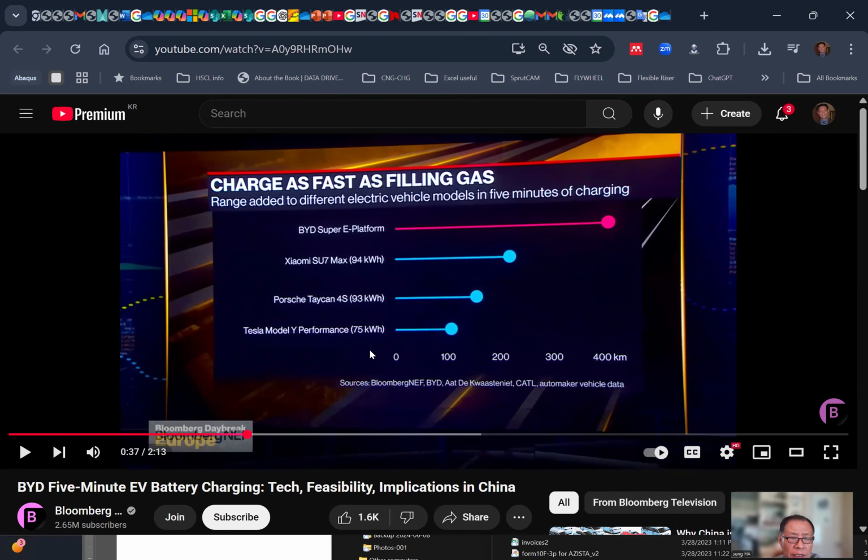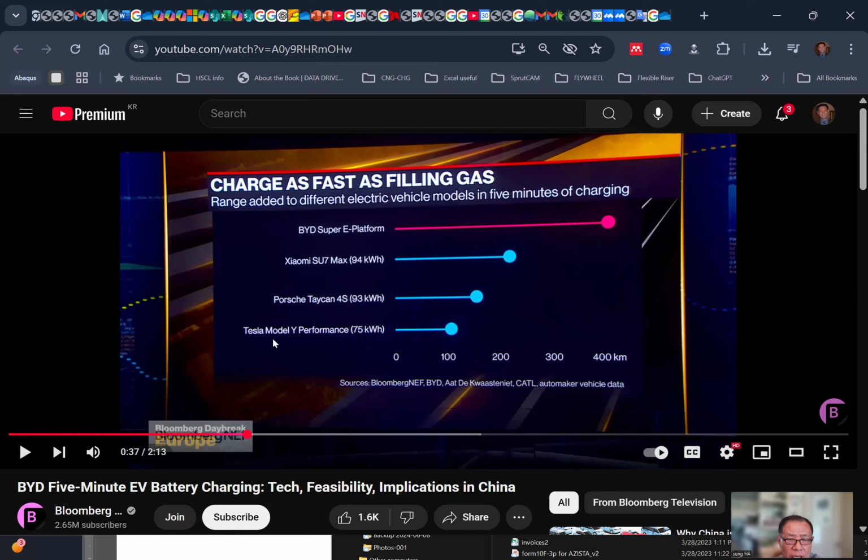Okay, well, pay attention to this chart. Very nice. The Tesla Model Y performance, 75 kilowatt hour. Just the comparison: 5 minutes charging, how much range can we drive?